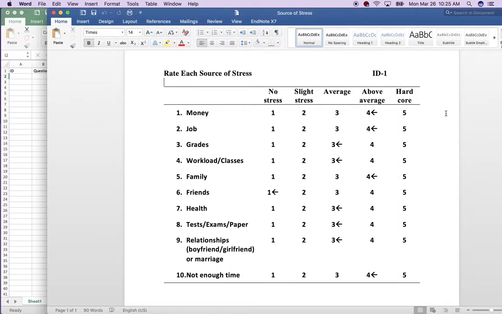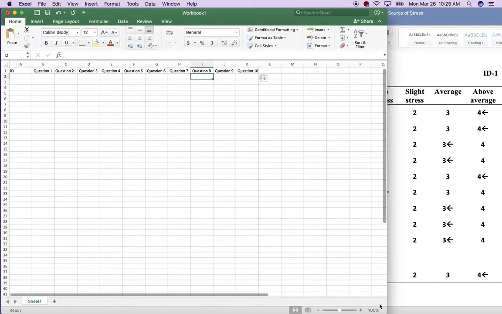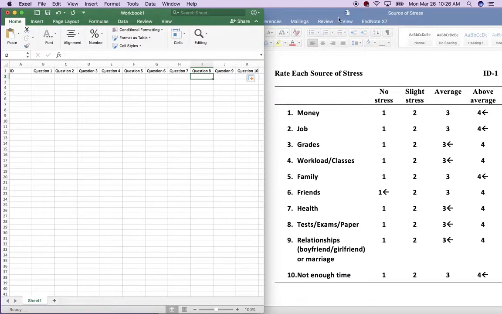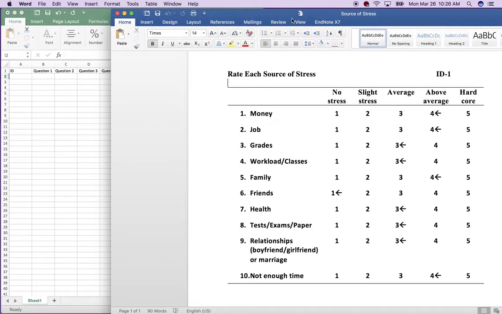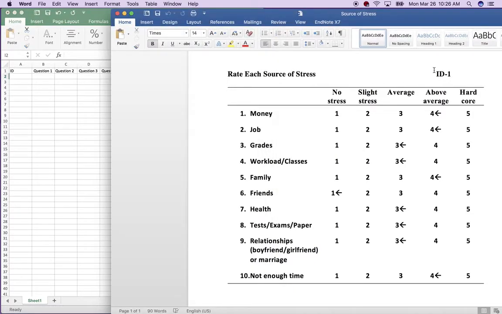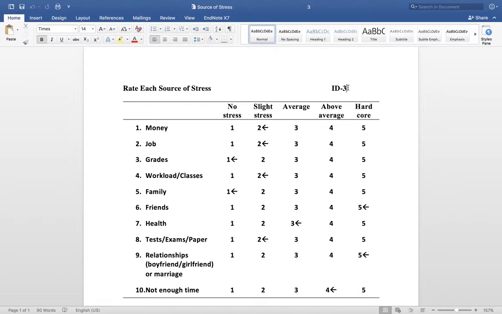All right, so it's pretty easy. What you'll have to do here is essentially just taking the answers your participants gave, and then filling them in over here. So first thing I didn't need to mention is you need to give each of your questionnaires an ID. So this is ID 1, this is ID number 2, and this is ID number 3.